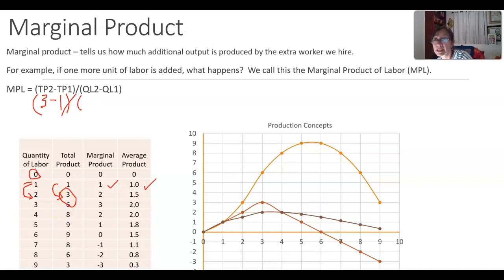So what happened with labor? We went from 1 to 2. So 2 minus 1. So 3 minus 1 is 2, divided by 2 minus 1 is 1. That gives us marginal product of 2 units.